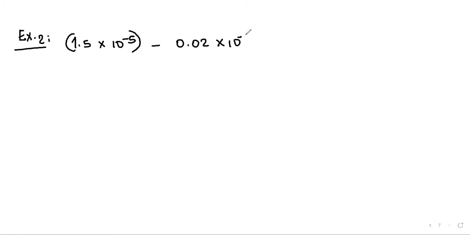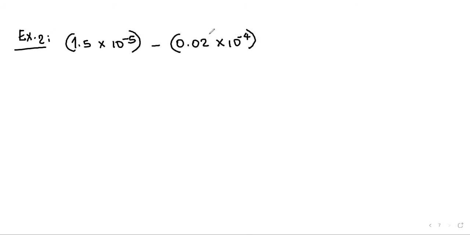Okay, so now let's look at example number 2. Let's have 1.5 times 10 to the power of negative 5, okay, minus 0.02 times 10 to the power of negative 4.